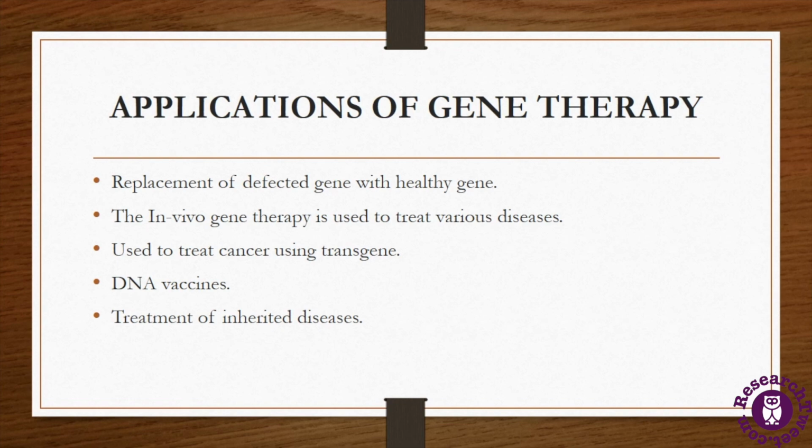We know that cancer is nowadays the second leading cause of death in the world, and there is no proper treatment for cancer. So cancer can be treated by the use of transgenes by the method of gene therapy. DNA vaccines are also prepared with the help of gene therapies, and different types of inherited diseases like mitochondrial dysfunction, diabetes, and many others can be cured with the help of germline gene therapy.